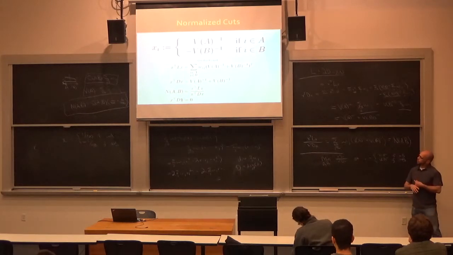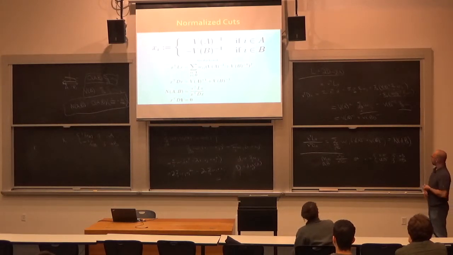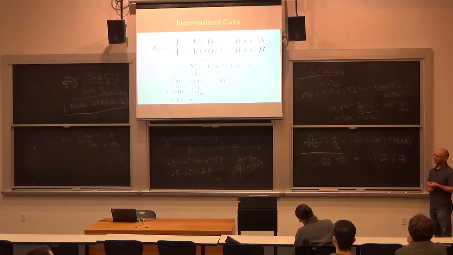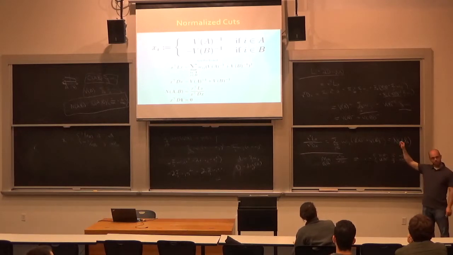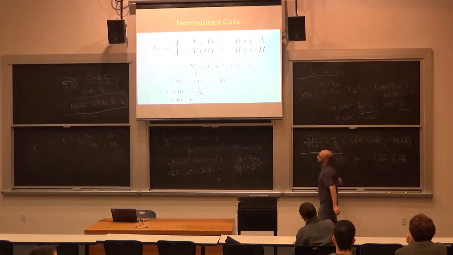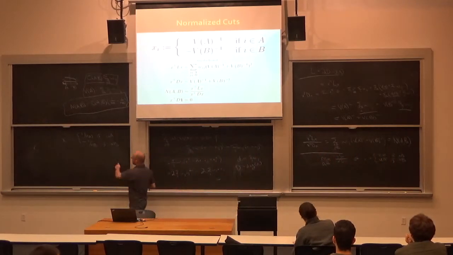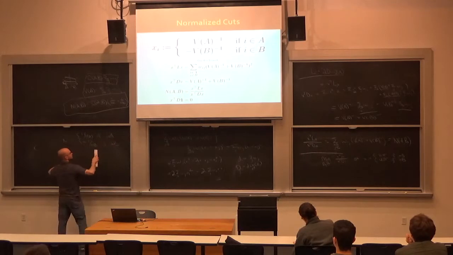So a few things to notice. One more thing to notice for now, which is what is x transpose D times 1? Remember that I'm using this bold 1 as a vector of all 1s. We've used that a few times now. All right, let's continue here. I'm going to erase this because it's the same as what's on the screen.